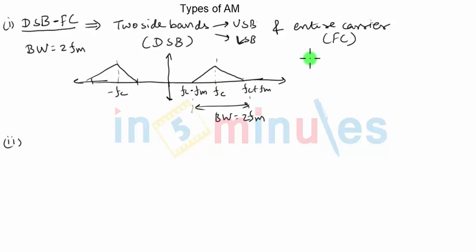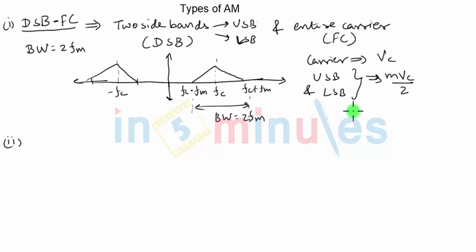So let's say the carrier that we have is present in the output signal with amplitude Vc. Now if you remember, both the sidebands, upper sideband and the lower sideband, each will have the peak amplitude of m Vc by 2 in that case, where m is the modulation index and it should be less than 1 to avoid over modulation.